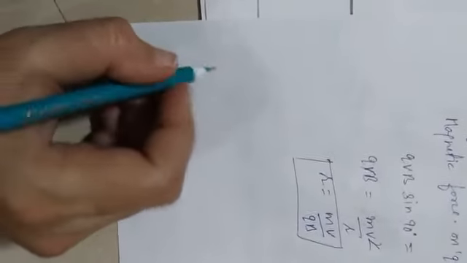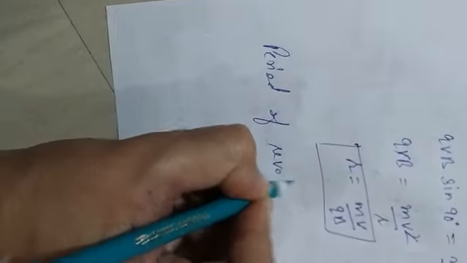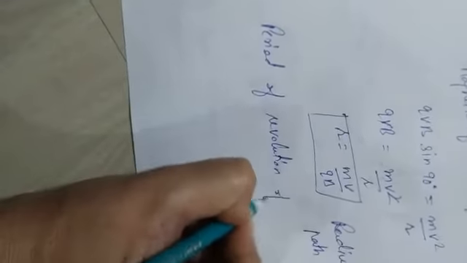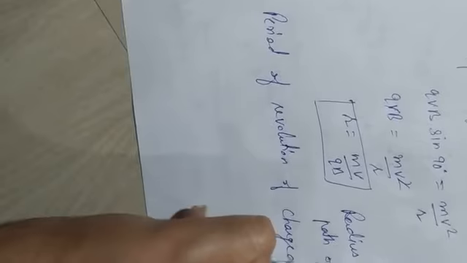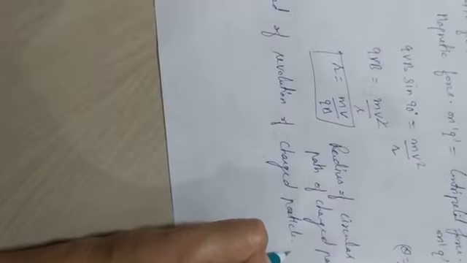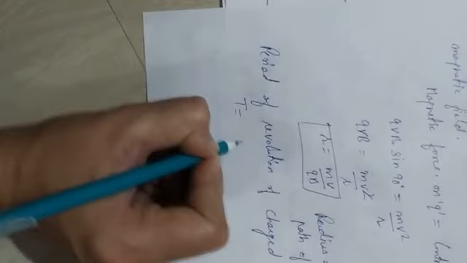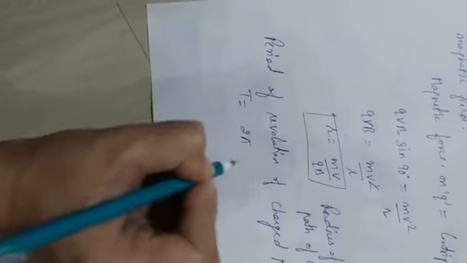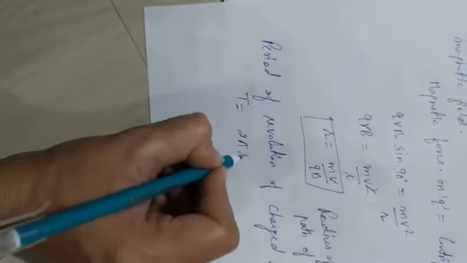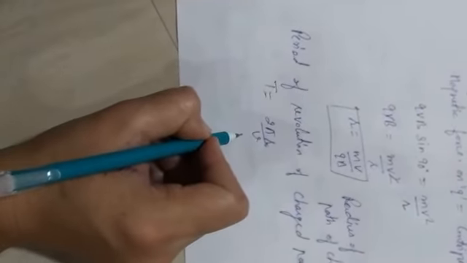After this, the period of revolution of the charged particle is T equals 2 pi r by v. We know that T equals 2 pi by omega, and omega equals v by r, where v is the velocity.